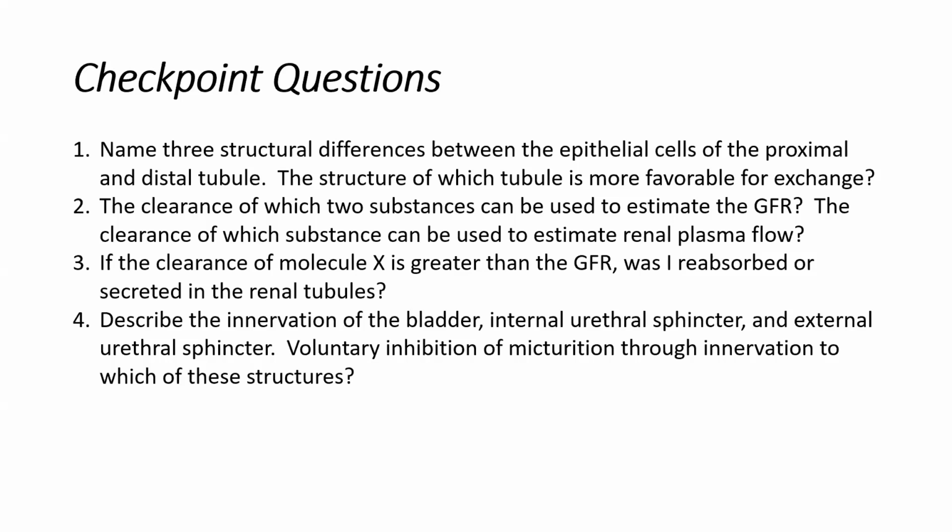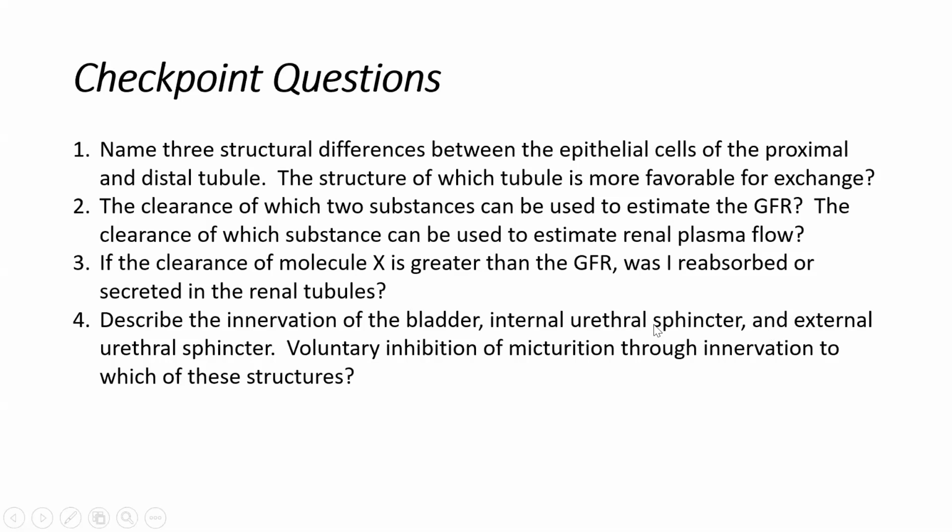And then voluntary inhibition of micturition, basically the ability to hold urine even if you have to urinate, happens through innervation to which of these structures? That's going to be the external urethral sphincter, right? The only voluntary portion of this is what happens with the external sphincter. We talked about how the integrating centers, the central nervous system, specifically the pons, control the sympathetic and parasympathetic innervation to the internal sphincter, as well as to the bladder muscle itself, the detrusor.